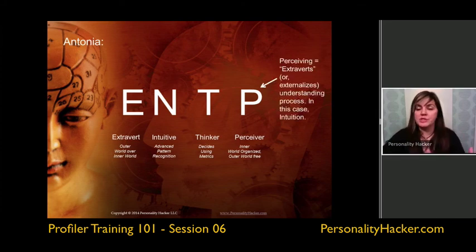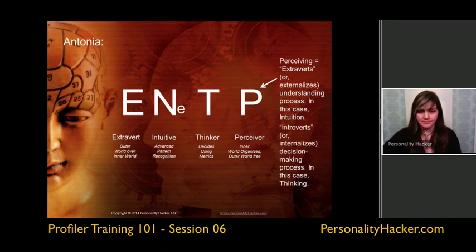I'm a perceiver, which means I extrovert or externalize my understanding or perceiving process. In this case, it's intuition. So a little E goes next to my N. And I introvert, because I'm a perceiver, I introvert or internalize my decision-making process or my judging process. And so then in this case, it's thinking. All right, so I'm NETI.